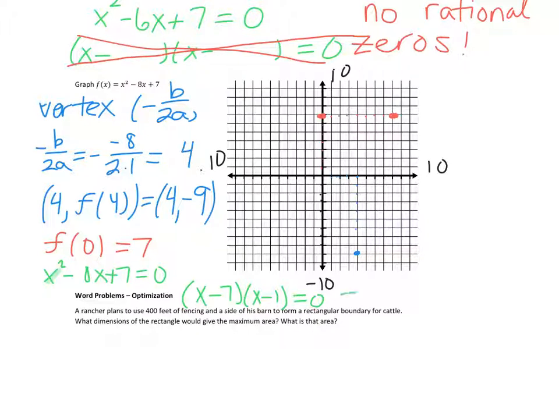And so by the zero factor property, that's when x minus 7 equals 0, or x equals 7, and then x minus 1 equals 0, so x equals 1. So 1 and 7 are your x-intercepts. So there's 1, 2, 3, 4, 5, 6, 7.